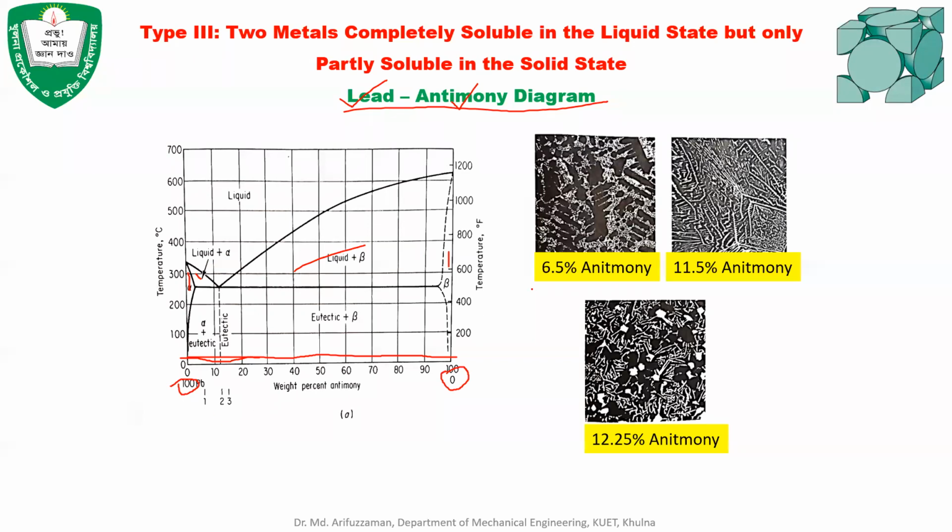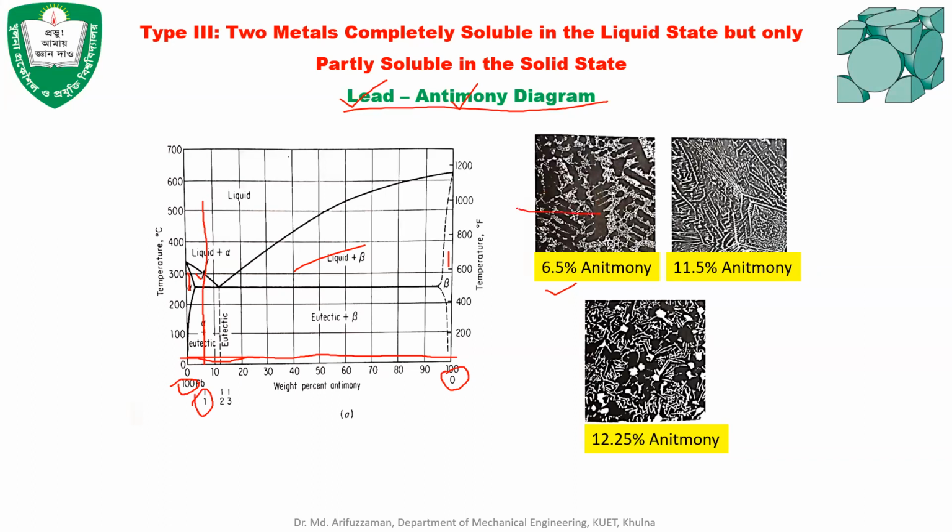Okay, and if we look at the microstructure for alloy 1, alloy 1 will be in here. In the case of alloy 1, it has 6.5% antimony. If we look at the crystal structure, what crystals will be in there?